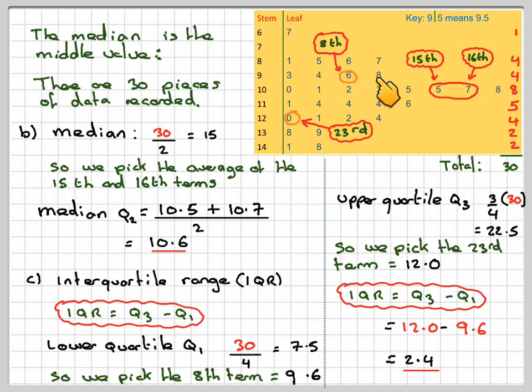If we look at the other side, we have 1, 2, 3, 4, 5, 6, 7 on that side, and then 7 this side of it. They're the same for the upper quartile as well.